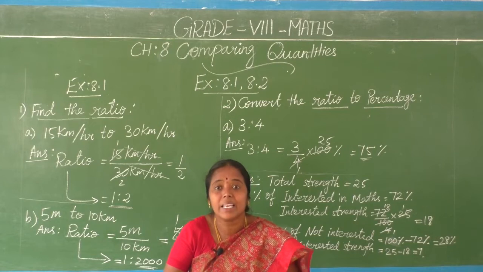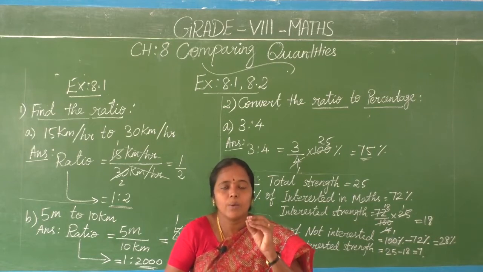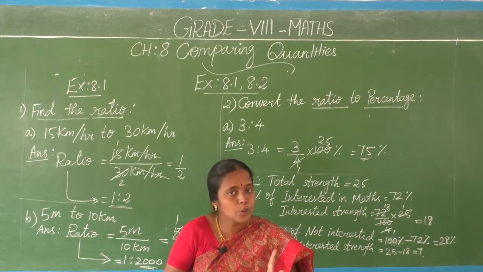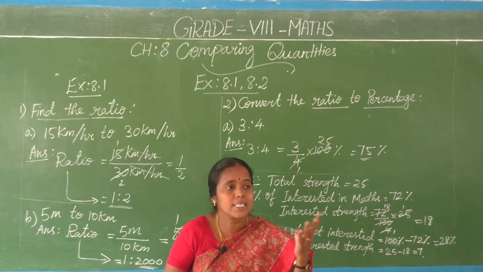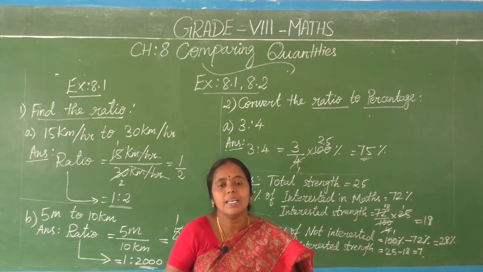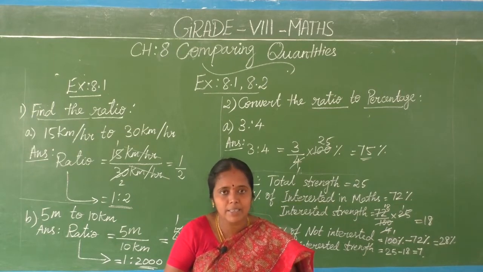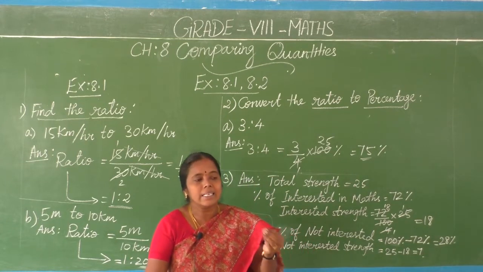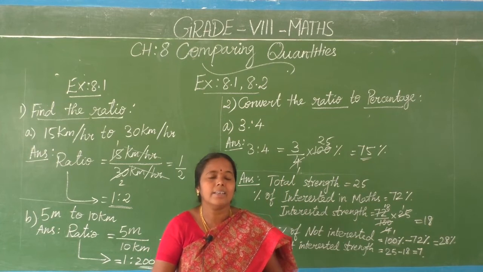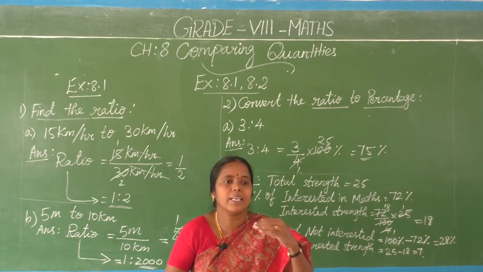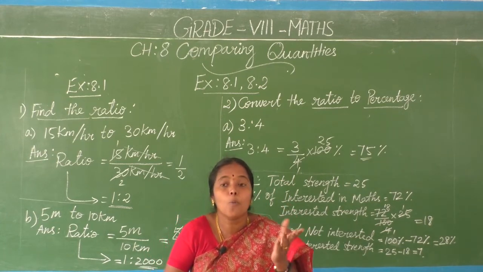Again I am telling, there are two methods for comparing quantities. One is comparison by subtraction method. Another is comparison by division method. By subtraction, you can get the answer directly. Here also it is possible, but not an accurate answer. Instead of a direct answer, you will get the answer in terms of how many times.